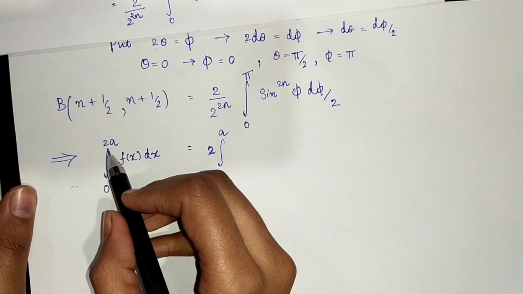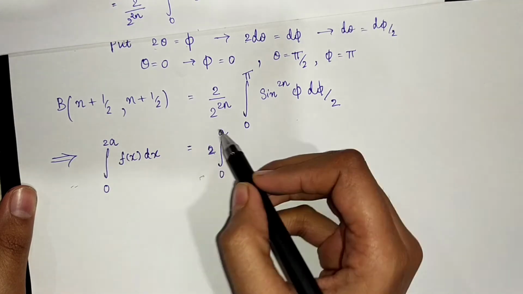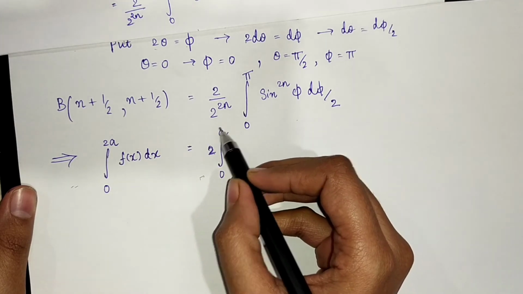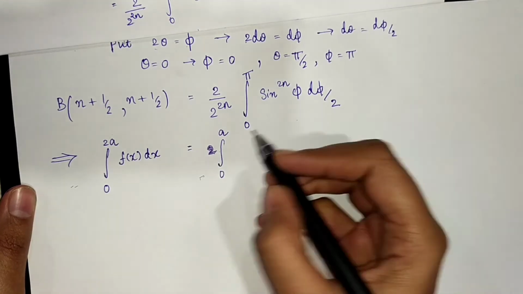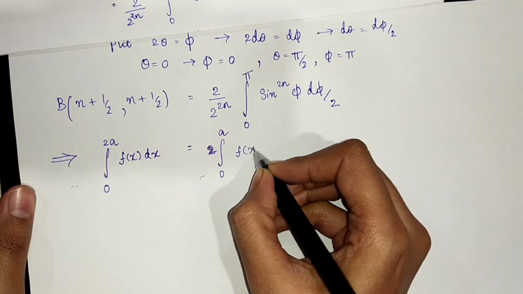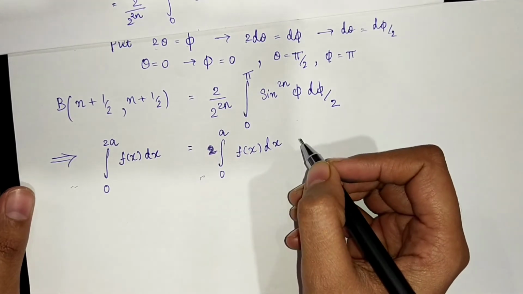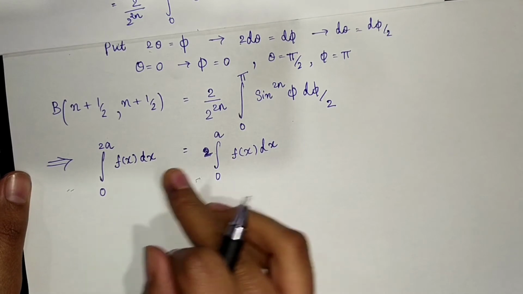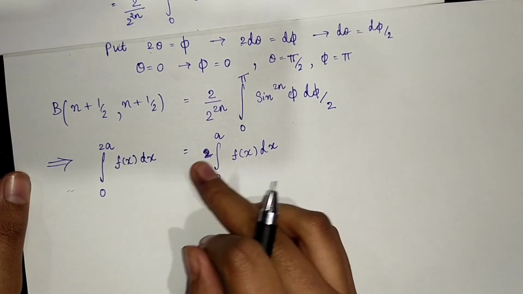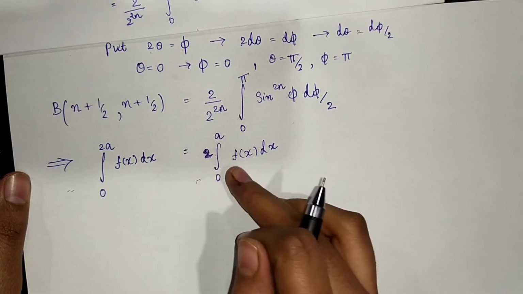If we divide 2a by 2, it will be a, and the remaining 2 we have to write here. So it's the rule in definite integrals that you can replace integral from 0 to 2a of f of x dx with 2 multiplied by integral from 0 to a of f of x dx.